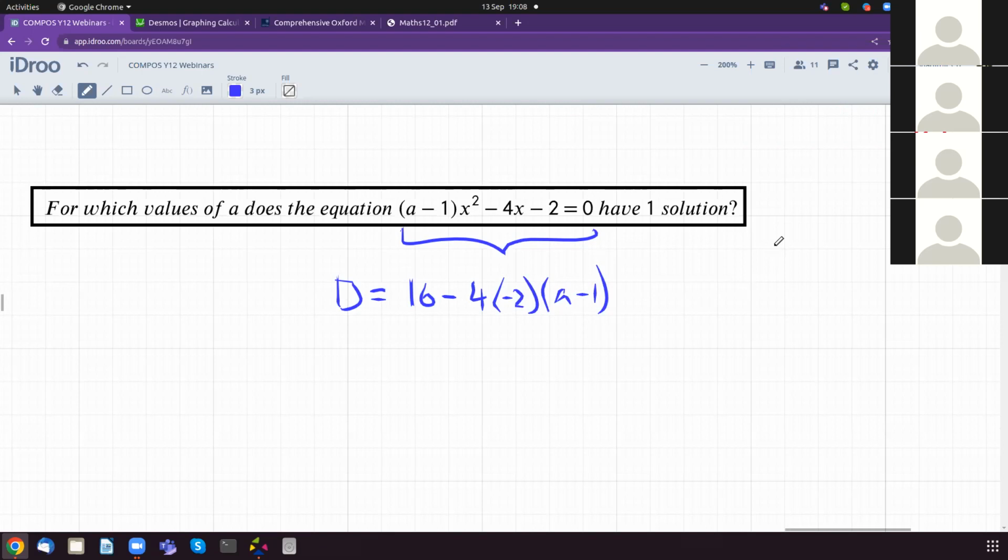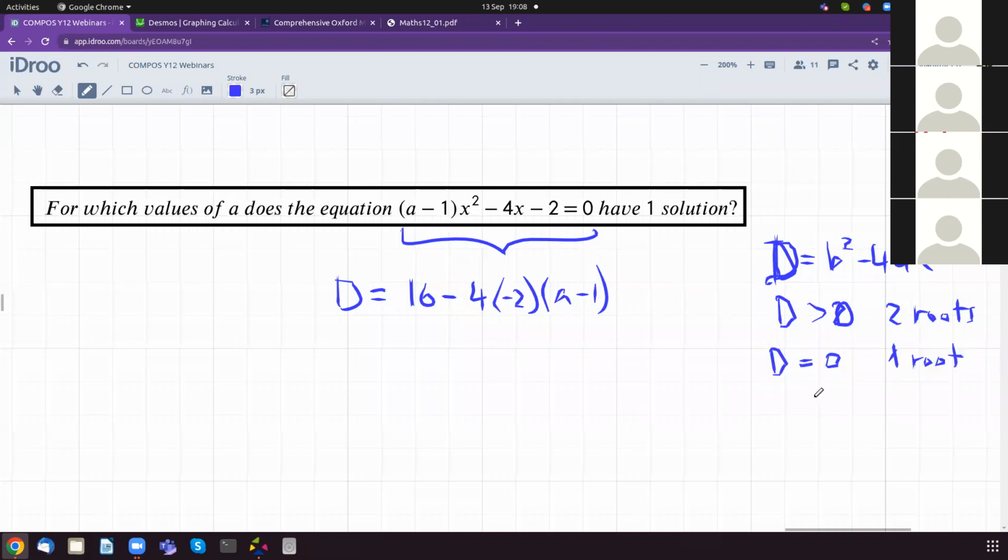The discriminant is b squared minus 4ac. This is the square rooted part of the quadratic formula. So if the discriminant is positive, you have two roots. If the discriminant is 0, it is one root. And if the discriminant is negative, you have 0 roots.